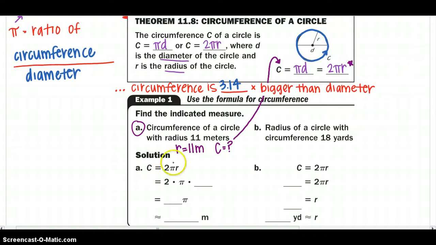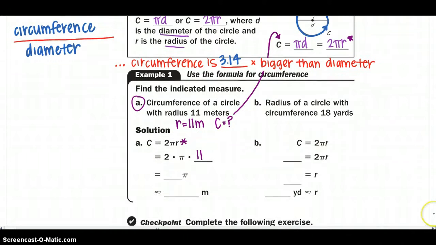So we rewrote our equation: C equals 2 pi r, and that would be a good idea to keep writing just so you can get used to it. I'm just going to fill in the blank for r. So 2 pi times 11. To keep in pi terms, my answer would be 22 pi. This is going to be the most exact answer.